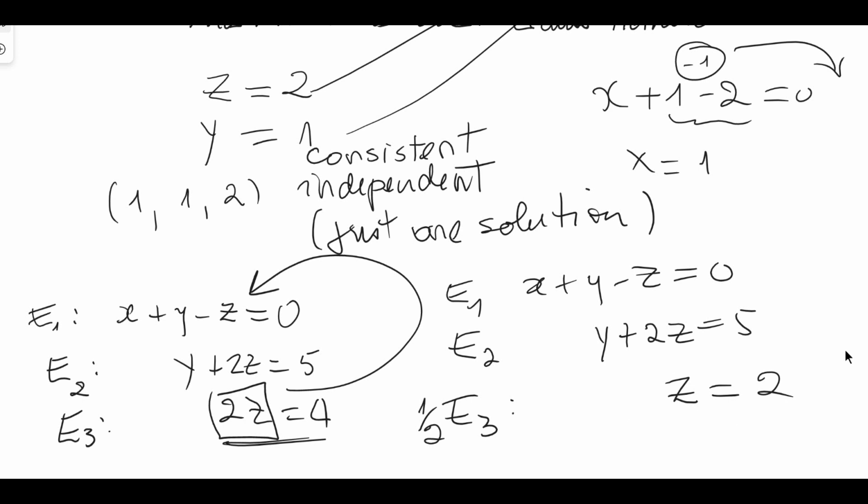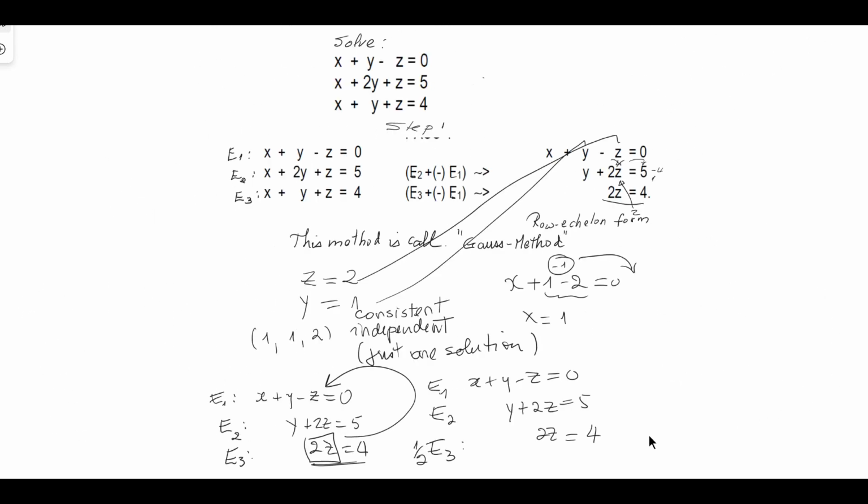And now you know that it's going to be easy to get a 0 here. Then 1/2 of equation 3 converts this equation into c equal 2. And now it's extremely easy to get 0 here and 0 there, using the new equation 3, c equal 2. How?